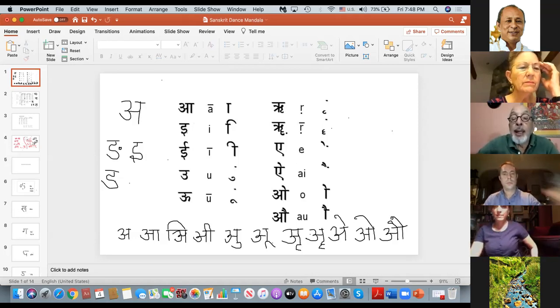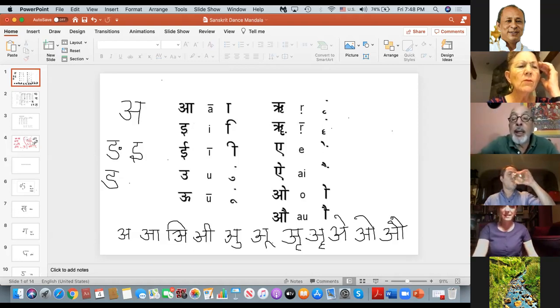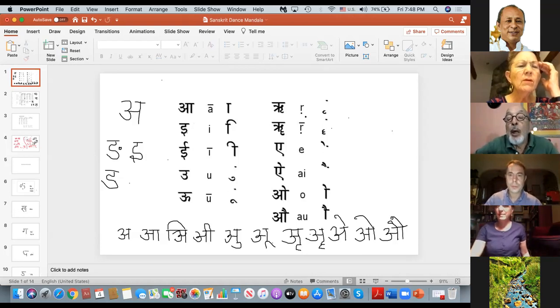Re. This is retroflex re. It is just like E, simple E and the long E. Re also has simple re and long re, but I have never seen long re used anywhere in Sanskrit.